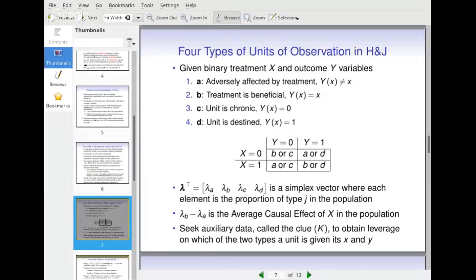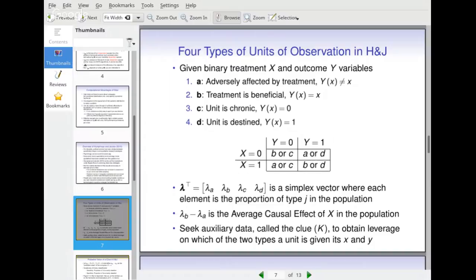So what qualitative researchers in particular do, and what Humphries and Jacobs are imagining they do, is to go out and seek auxiliary data besides X and Y. X and Y are thought of as cheaply obtained data. You can just look on Wikipedia and probably get the X and the Y for a bunch of countries.